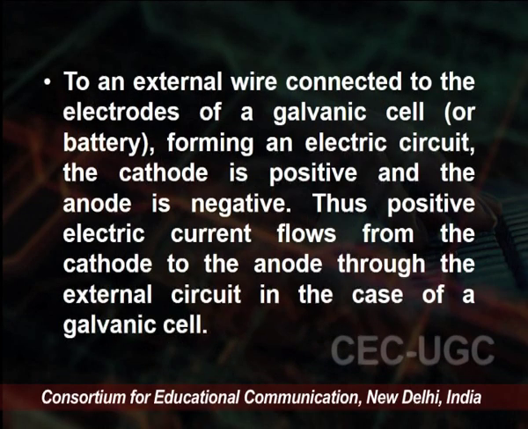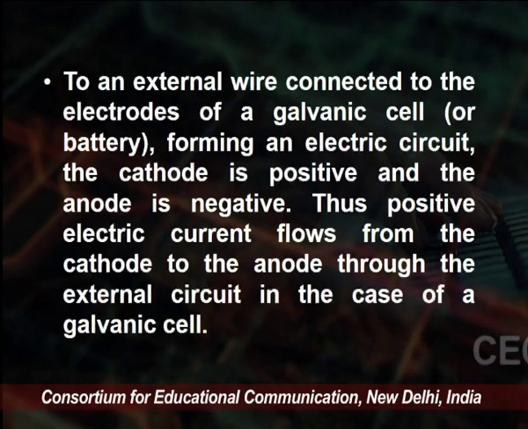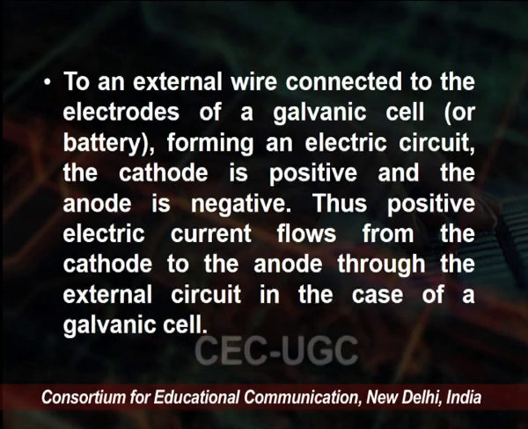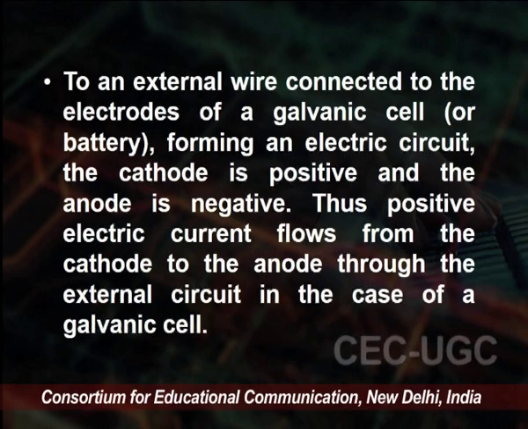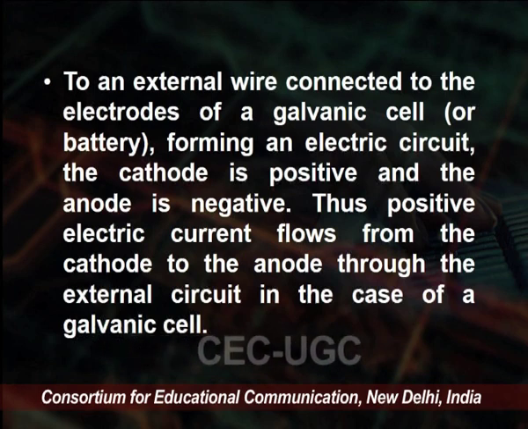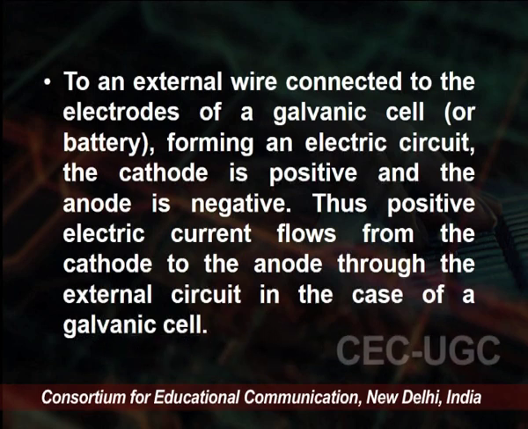An external wire is a bridge between these two, forming an electric circuit. The cathode is positive and the anode is negative. Thus, the positive electric current flows from the cathode to the anode through the external circuit in the case of the galvanic cell. So, here we discussed the galvanic cell, and next is the primary cell.